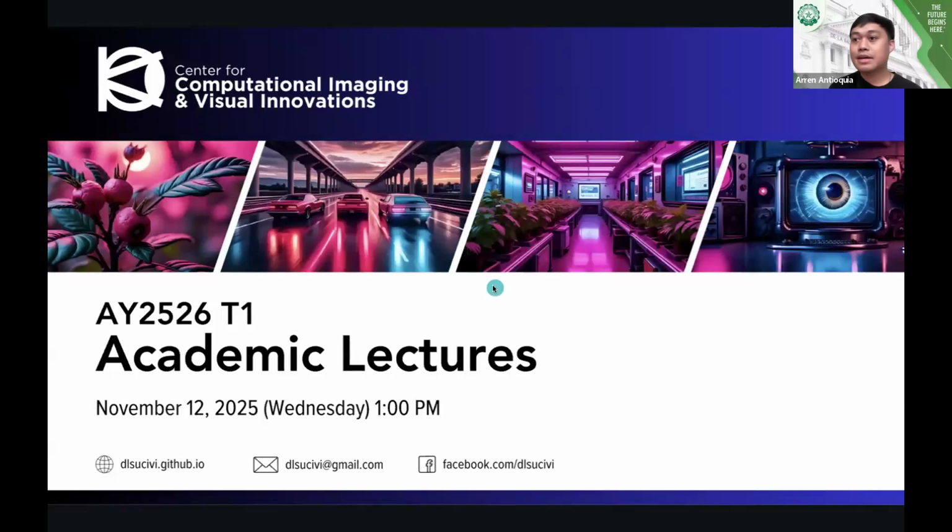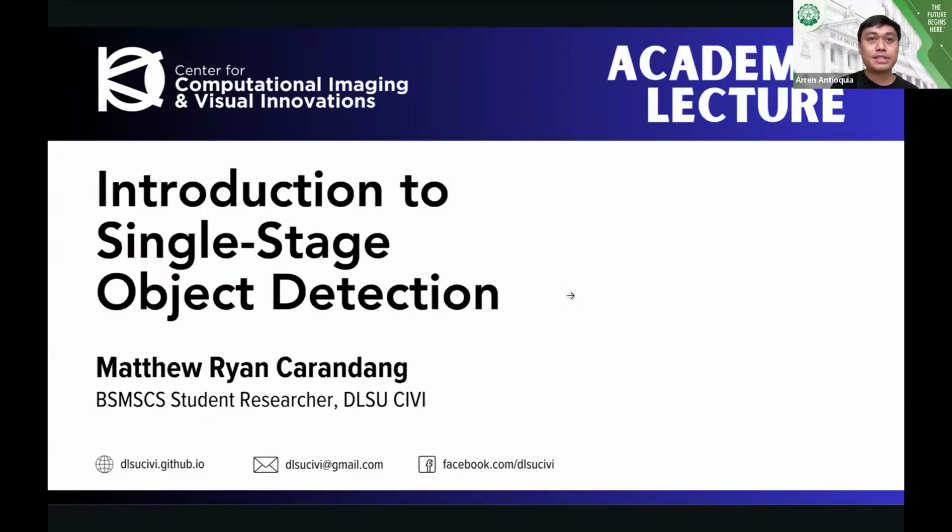Okay, so for the second academic lecture for this afternoon, the title of the presentation is Introduction to Single Stage Object Detection. The topic will discuss single stage object detection, which is a cornerstone in modern computer vision due to their balance of speed and accuracy.